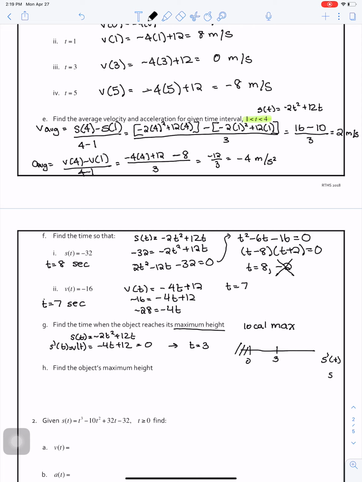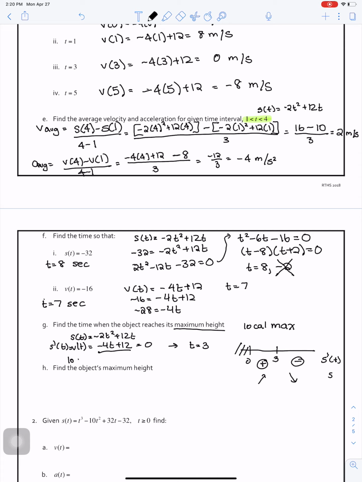So when I sub in a value for time between 0 and 1 into this simplified derivative, I'm going to get a positive answer. And then when I sub in a number like 5, -20 plus 12 is negative. So it's going from increasing to decreasing.